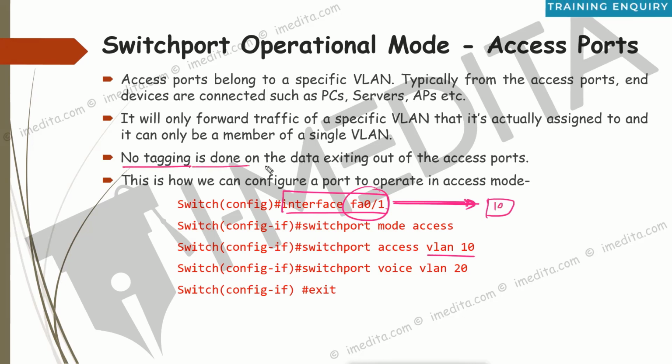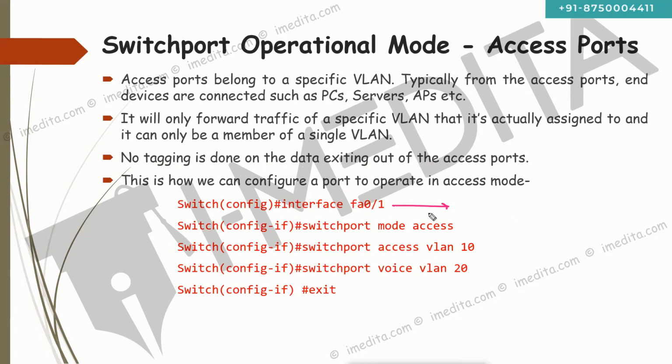No tagging, no indication is there on the data exiting out of the access port that the data belongs to VLAN 10. If the data exits out of this interface, I know that the data belongs to VLAN 10, but I'm not going to tag it. I'm not going to add any such information that represents that the data belongs to VLAN 10.